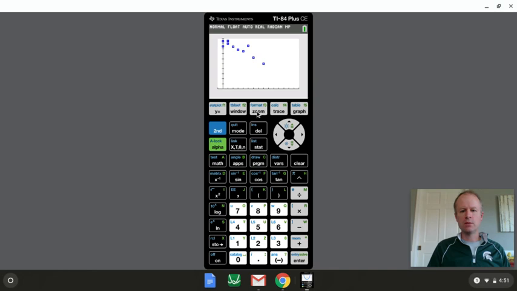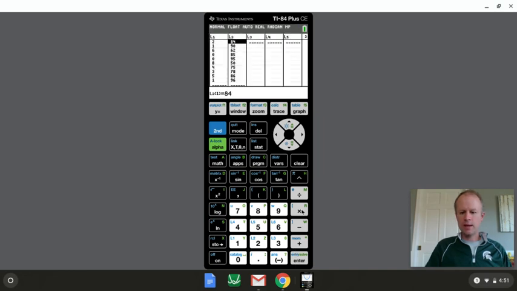So if we click back on stat, in my L3 now, what we're going to do is calculate the z-scores for all the x's and the z-scores for all the y's. To do the z-scores for all the x's, first of all, we're going to do L1.